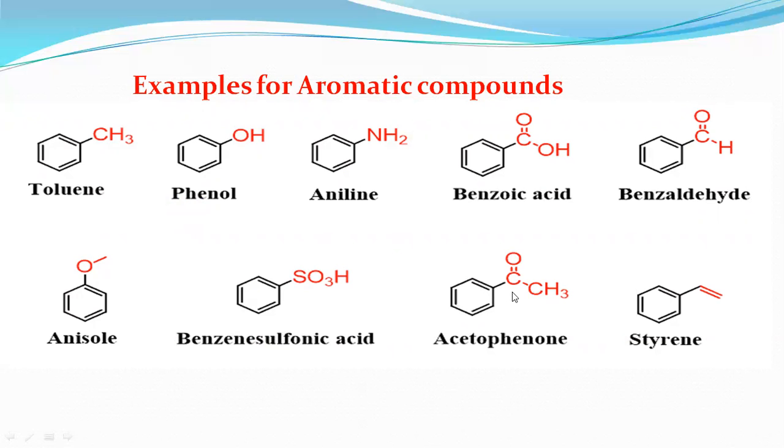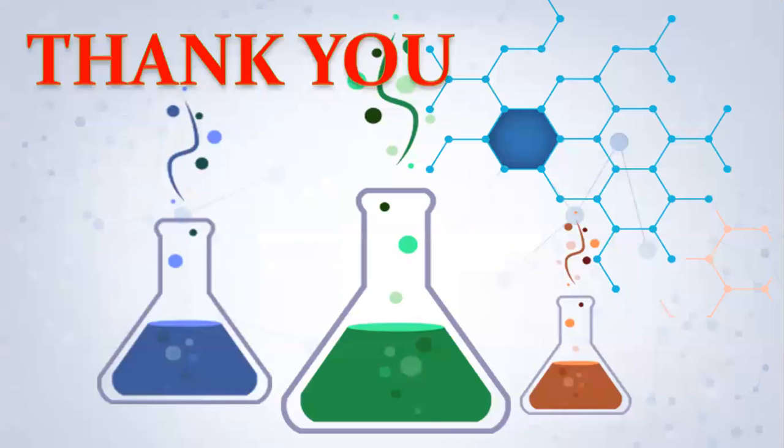This is an example of ketone, because the C double bond O is bonded on both sides to carbon. This is styrene, which contains the functional group alkene, as it shows the double bond here. So these are different examples of aromatic compounds containing different functional groups. So this is all about organic compounds which contain different functional groups.